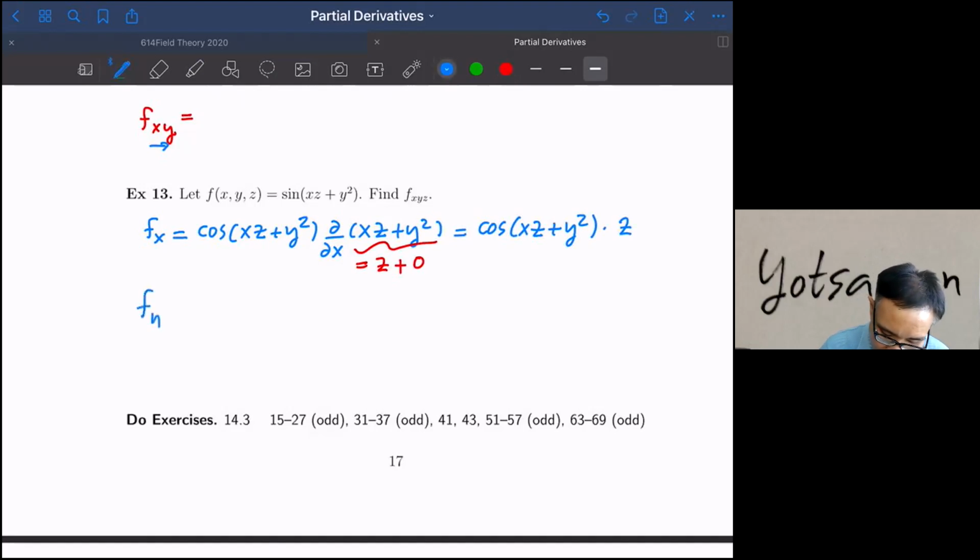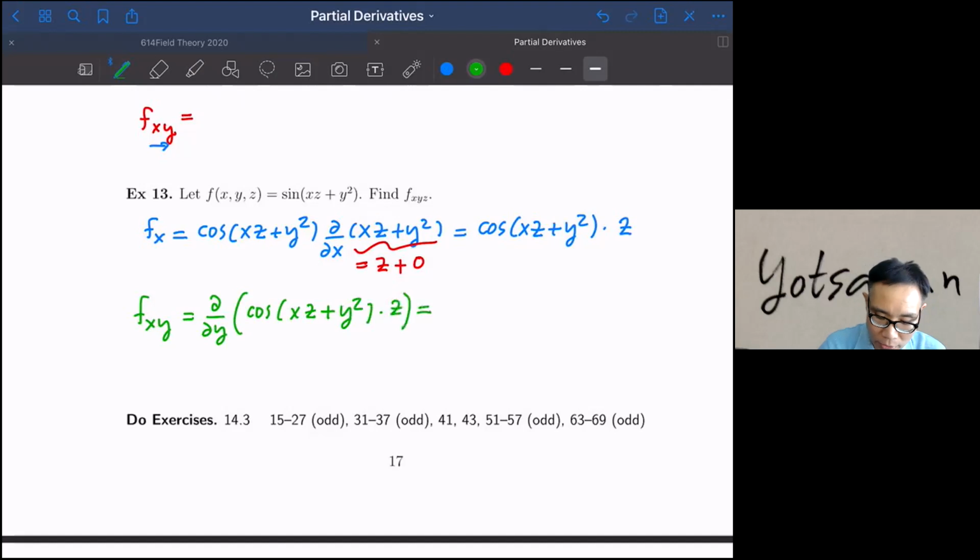Next, you continue with f_xy, so you take the derivative with respect to y of cos(xz plus y squared) times z. You see that your z here is constant, so you're allowed to pull it out, and you differentiate only this function.